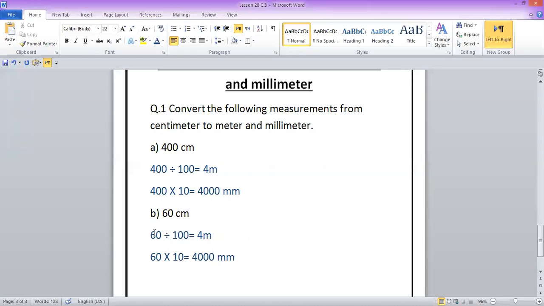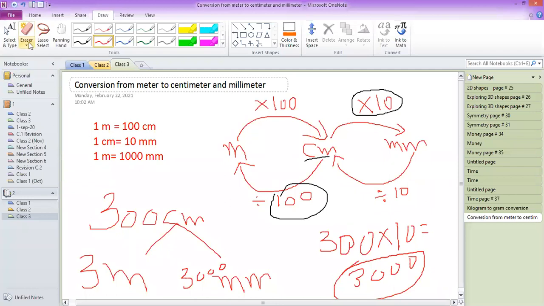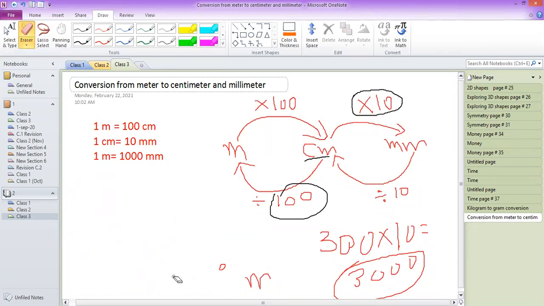60 divided by 100. For this, I will move to the new screen. Here I will tell you again how you will divide a value when this is 60 and you have to divide by 100.